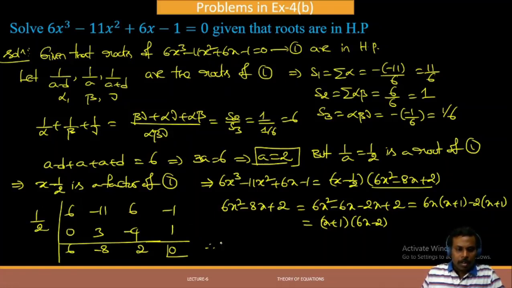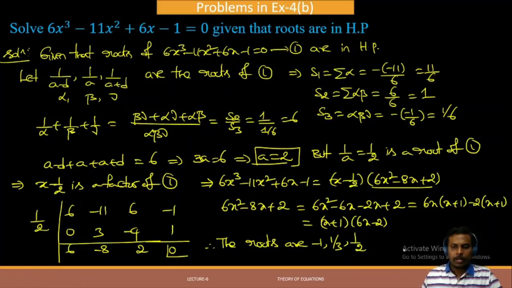So therefore the roots are minus 1 comma 3. So this is 1 by 3 comma 1 by 2 actually. Sorry, I think this is minus 1.